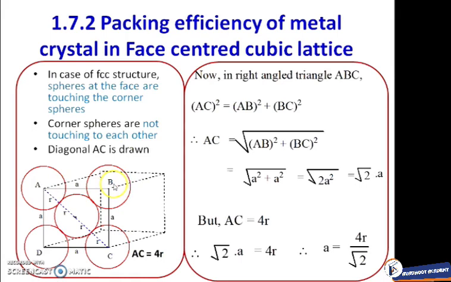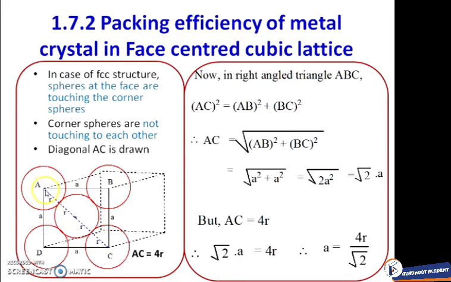These are the corner spheres, they are not touching each other, but the atom present at the center of a face is touching every corner atom. Now one modification is done, that is diagonal AC is drawn, and r is the radius of the sphere and a is the edge length.